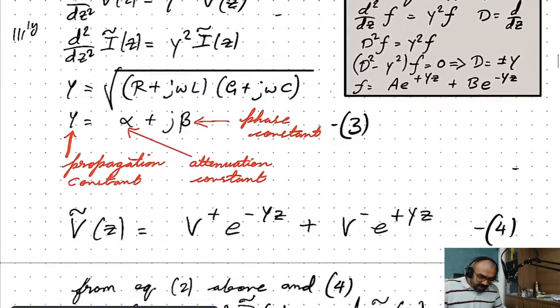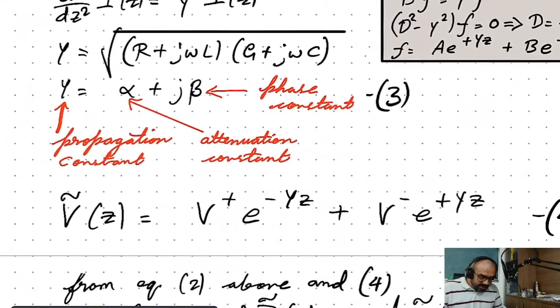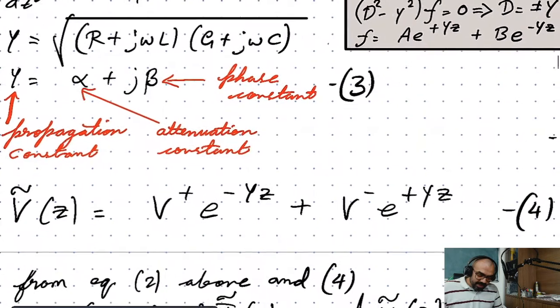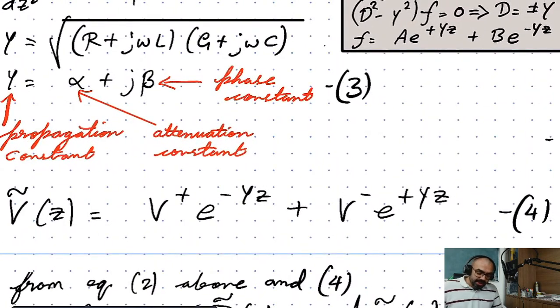So that's it. So this is what leads us to the expression for the steady state voltage on the transmission line in general, for any condition: V plus e to the power minus gamma z plus V minus e to the power plus gamma z. If you want to see physically what exactly this means, then of course you have to multiply this by e to the power jωt and take the real part.